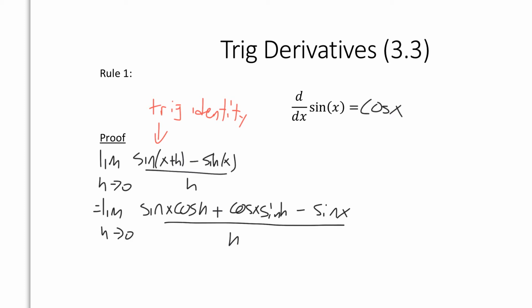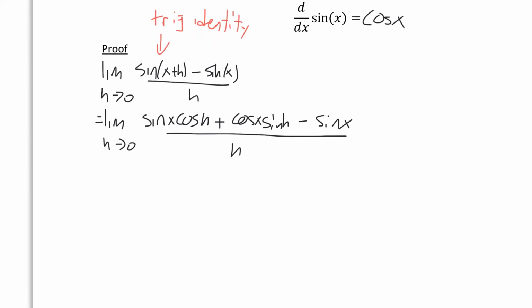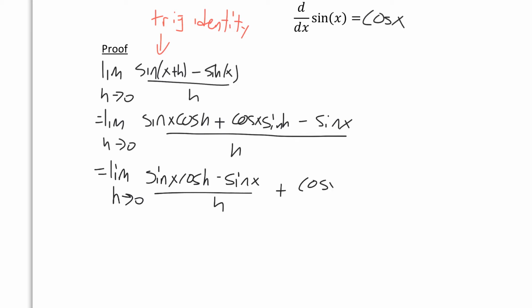And in fact, we'll break off the other term and just put it as its own fraction. So this will give us the limit as h approaches 0 of sine x cos h minus sine x over h plus cos x sine h over h.